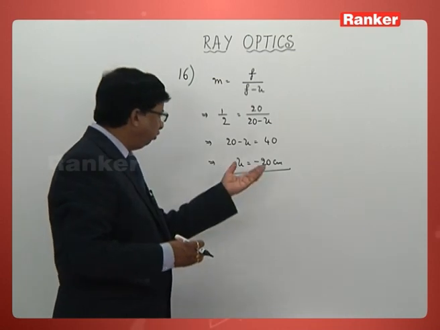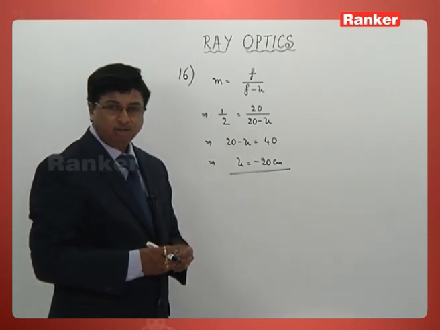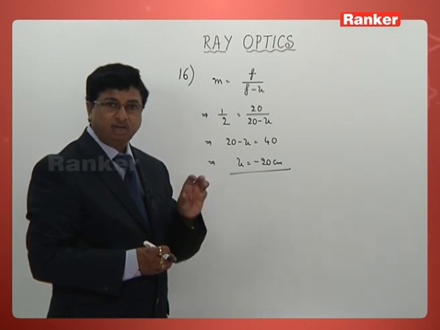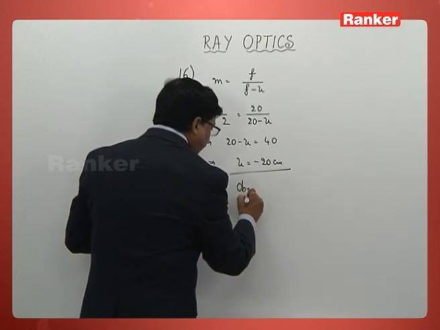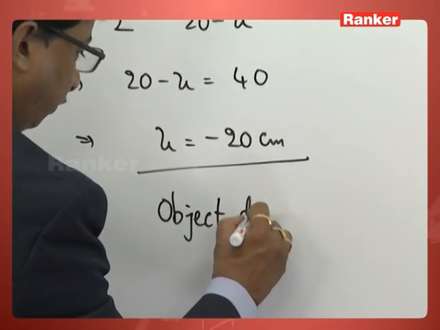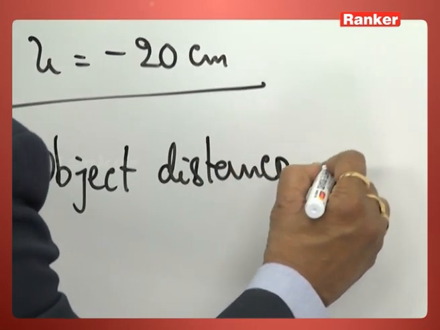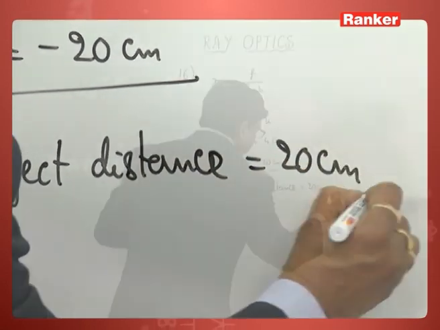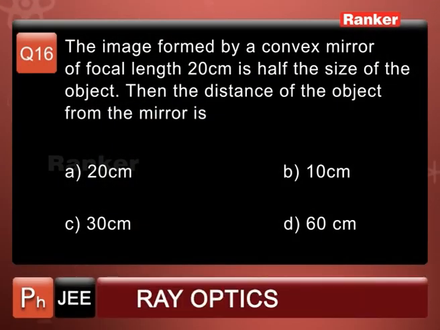But when you want only the value, you need not take that direction into consideration. You can directly take it as 20 centimeters. So what is the object distance? That's what he is asking. The object distance from the pole of the mirror is 20 centimeter. So 20 centimeter is the very first option provided. Therefore, the answer for this one is A.